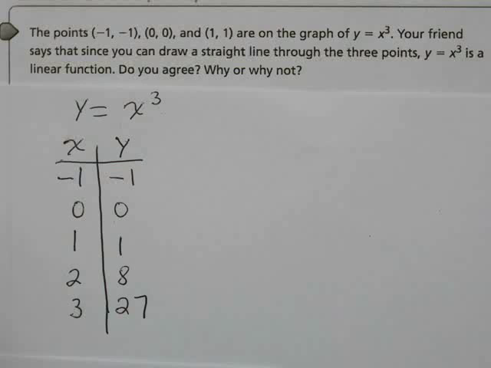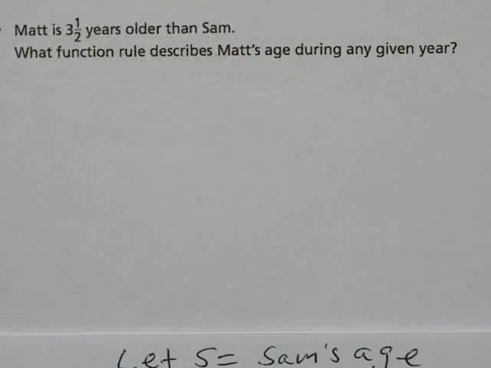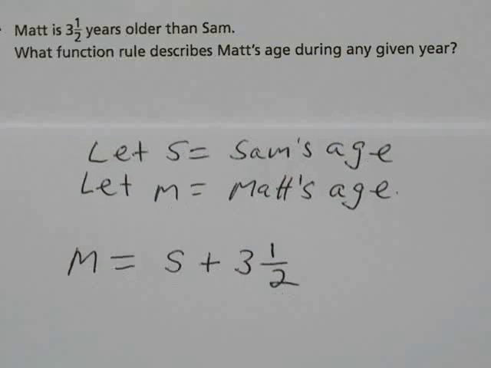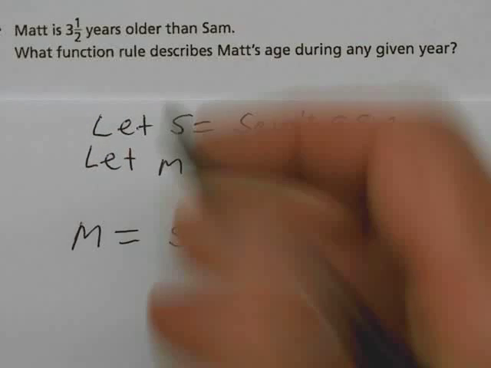All right, let's take a look at one more problem. For our final example, we're given that Matt is 3.5 years older than Sam. What function rule describes Matt's age during any given year? Okay, so I have to use that information to write a function rule. I'm going to say let S, I'm sorry, that's an S, not a 5.